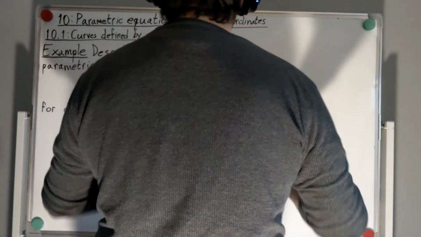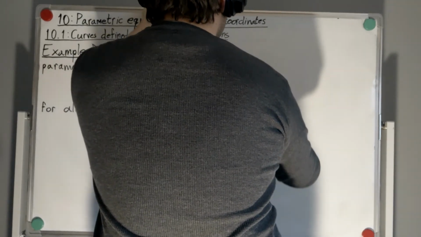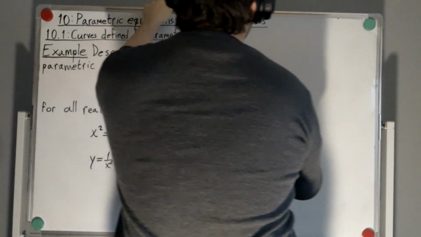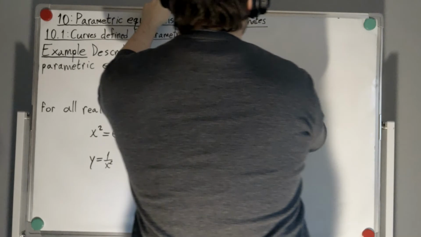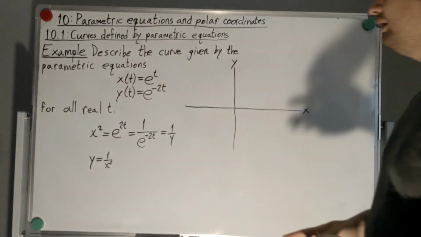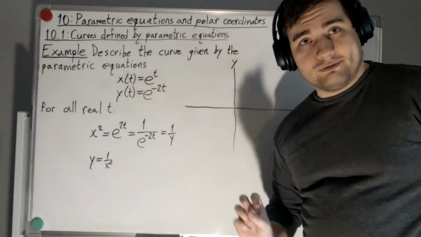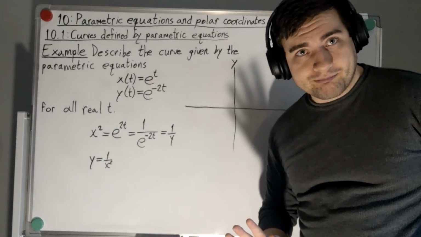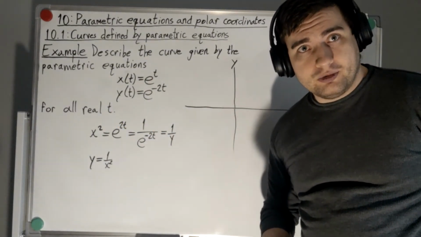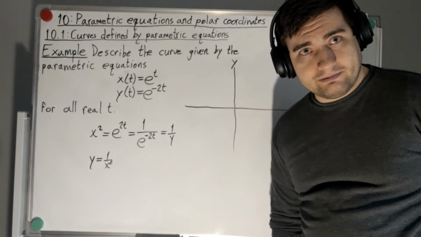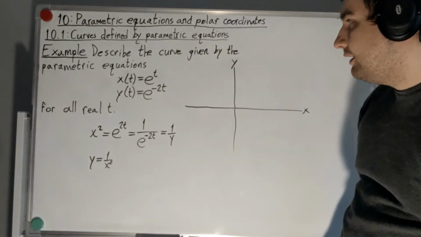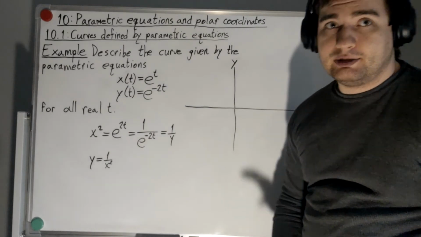But again, we have to be careful, because in going from a parametric to a Cartesian description, we are losing some information. t is going over all real values, but no matter what t is, if t is a real value, then e to the t has to be positive.